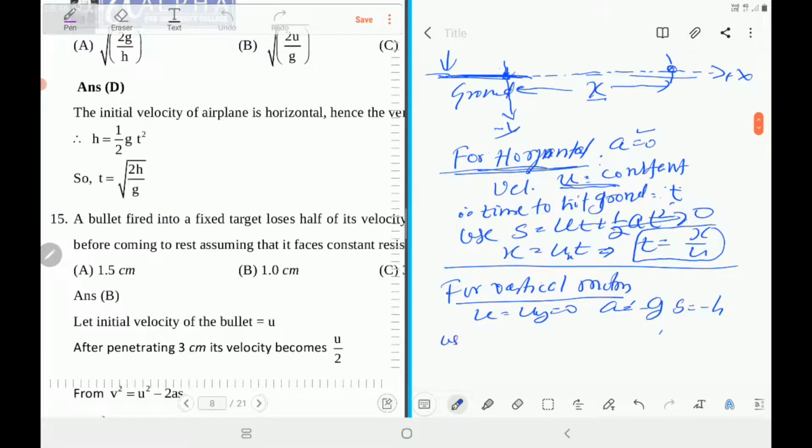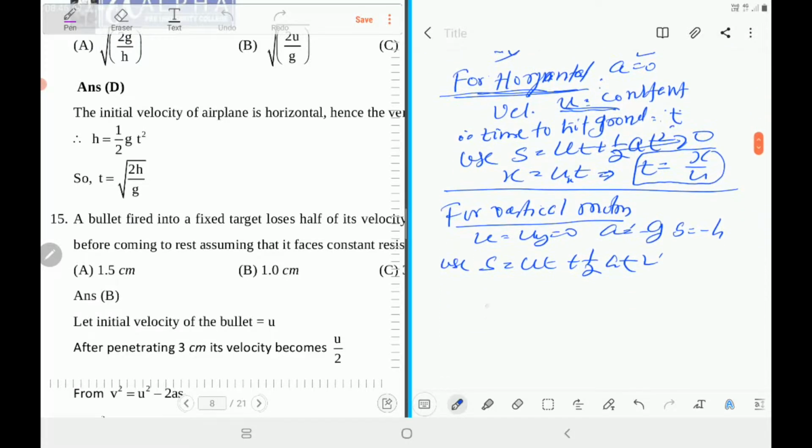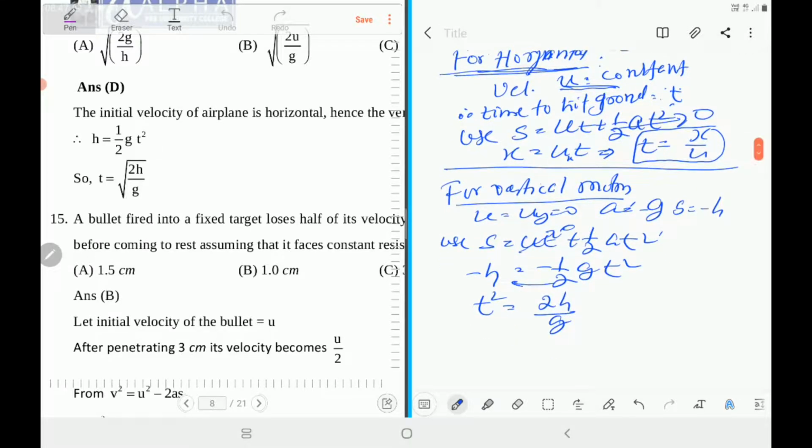That's why use this relation, s equals ut plus half at squared. So in the place of s you write minus h, initial velocity is 0, remove that, equals minus half g t squared. So the value of time, you can write t squared equals 2h divided by g, or t equals root of 2h divided by g.